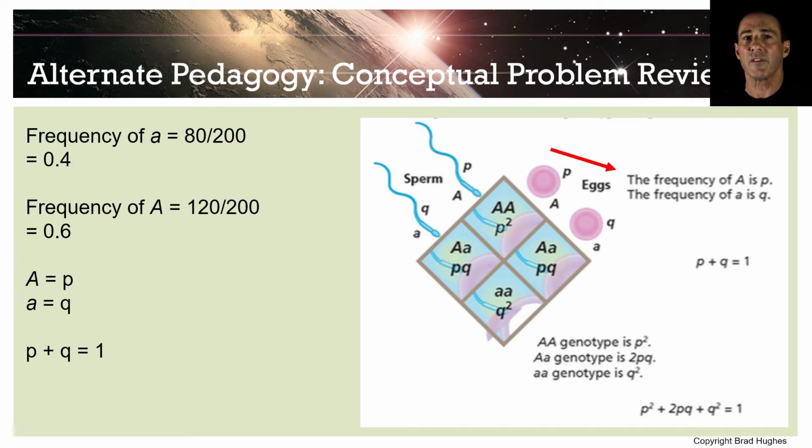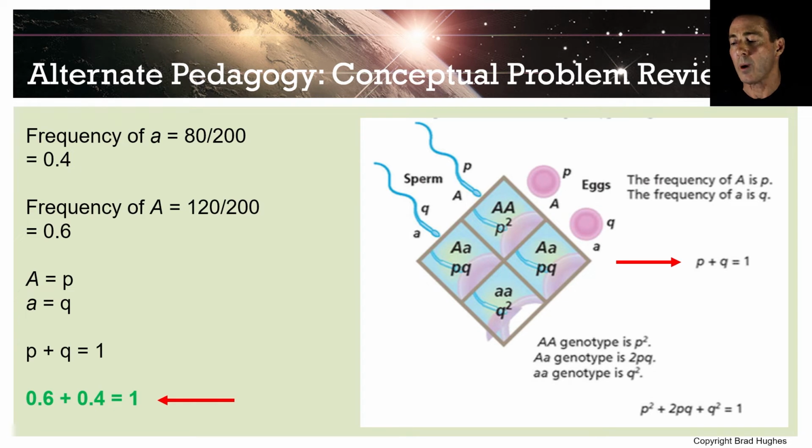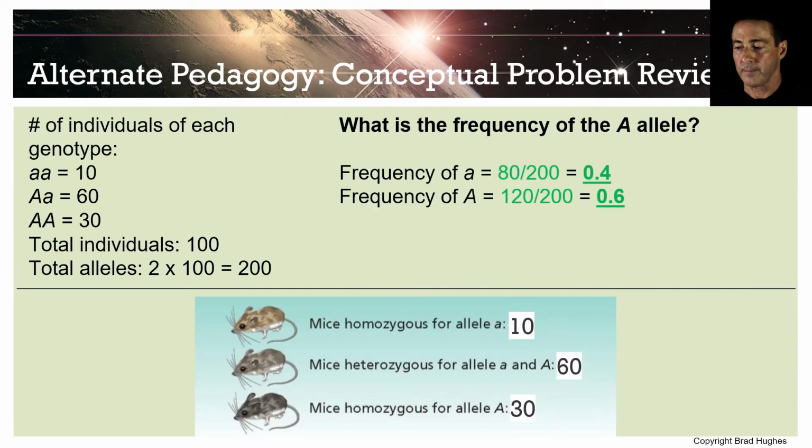Note that the frequency of the big A allele is represented by P and the small a allele is represented by Q. Combining big A and small a should always yield a total frequency of 1, assuming there are only 2 alleles. This is another way of saying that all of the alleles, big A and small a, comprise 100% of the alleles present in the population.